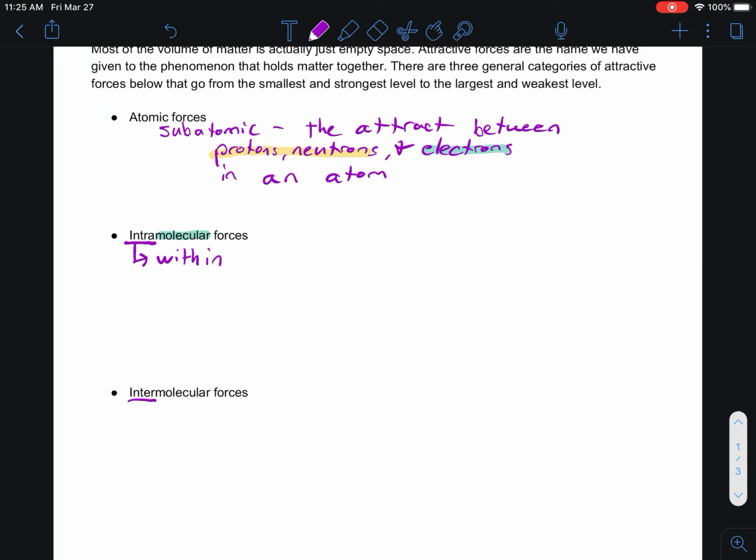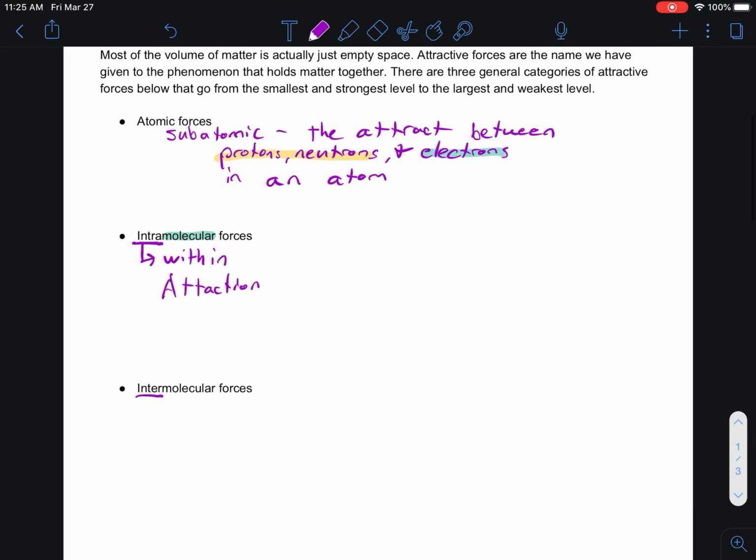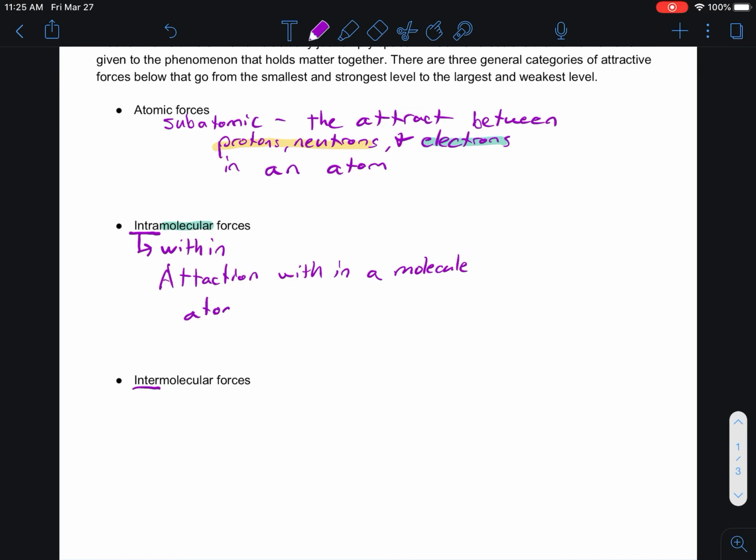So these forces, see, attraction, attraction within a molecule. So this is atom to atom. Again, in a molecule.